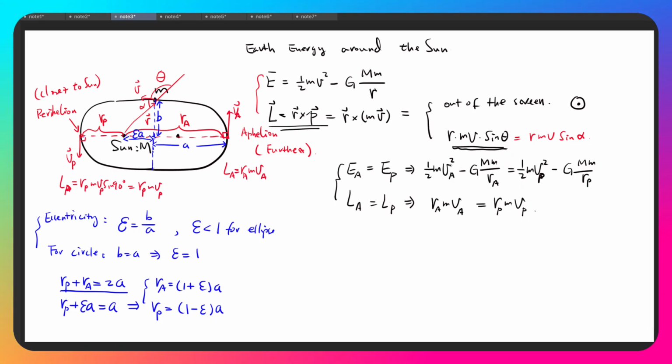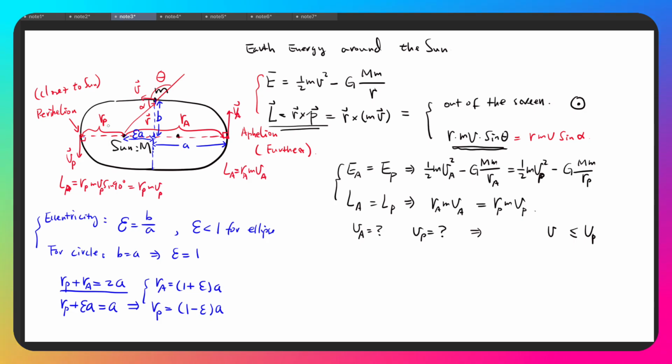Now our purpose here is to figure out the Earth's speeds VA and VP. For other positions, the magnitude of the velocity of the Earth would be between these two. VP is the maximum because RP is the shortest distance.